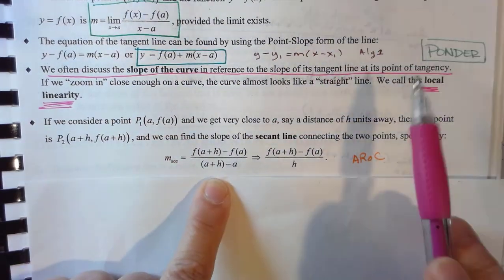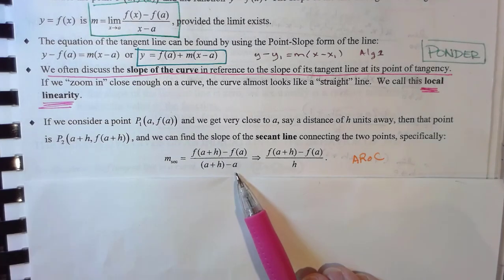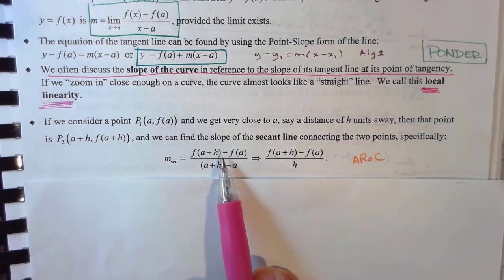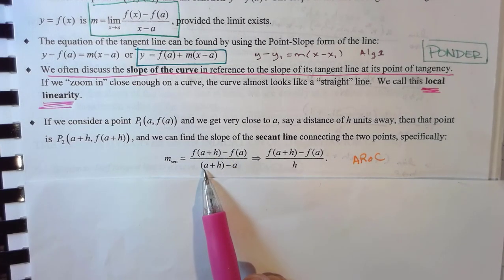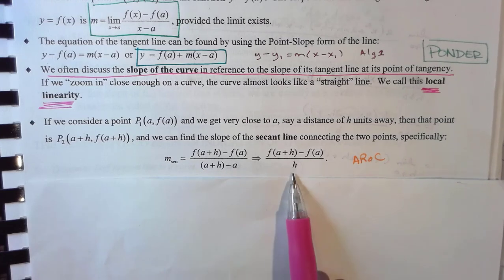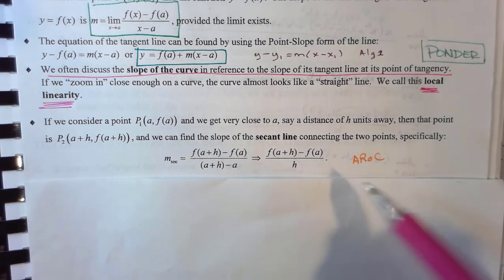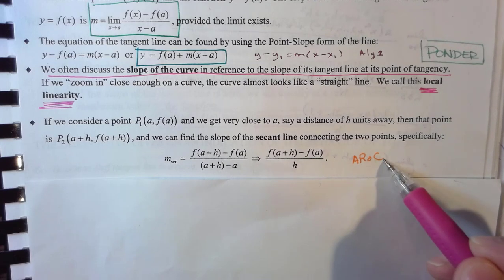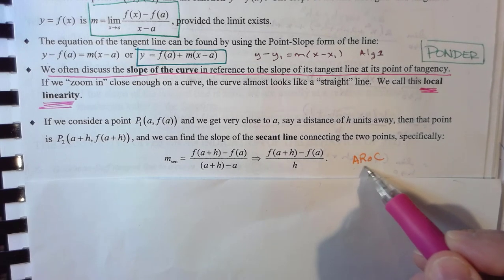That should look like your y2 minus y1 over x2 minus x1. But part of it simplifies. We can do the denominator: A plus h minus A leaves us h. And this is your average rate of change. I call that AROC, average rate of change.